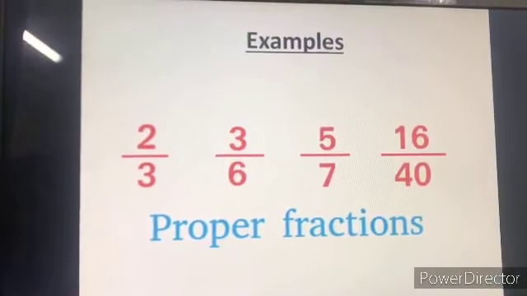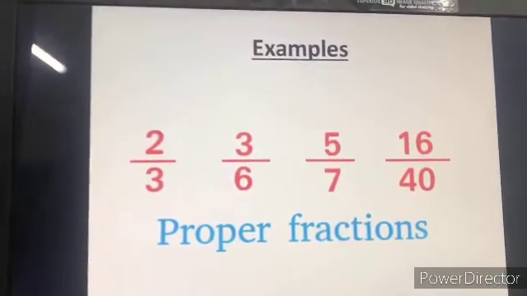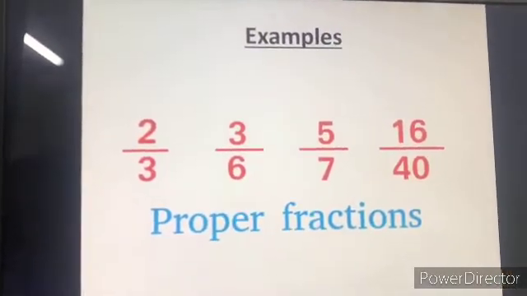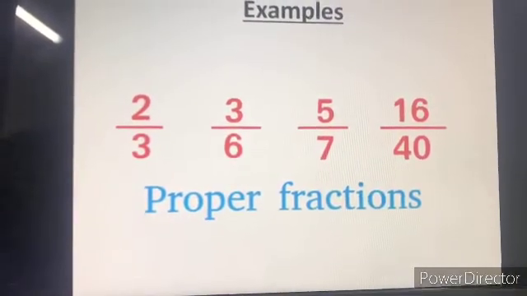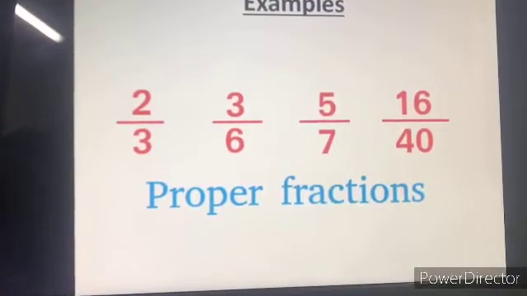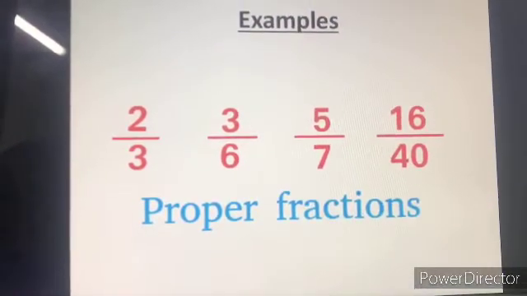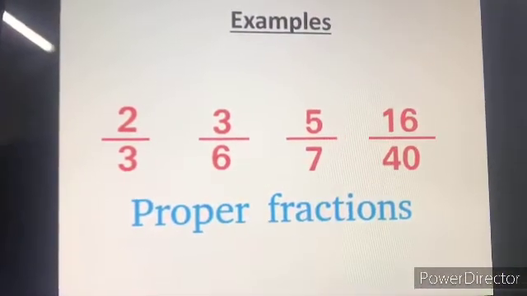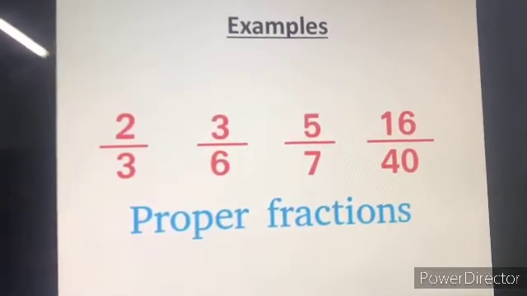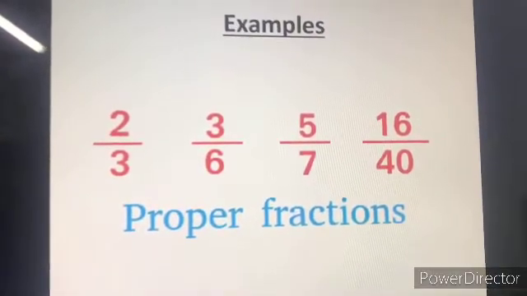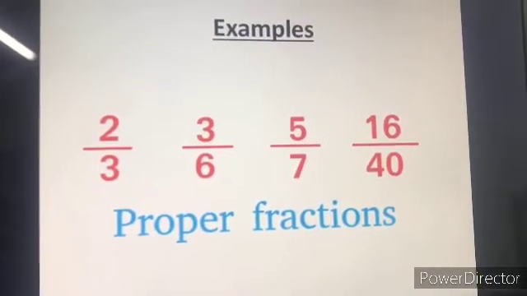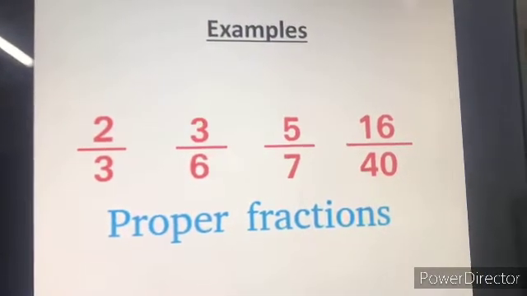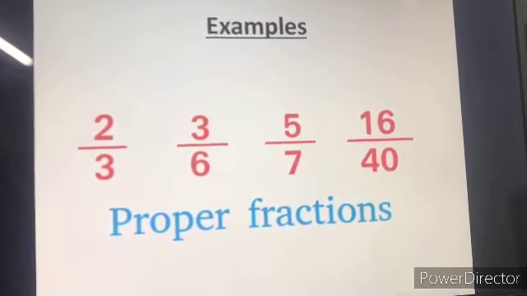In the first one, 2 by 3 or 2/3, the digit 2 is smaller than 3. So whenever you find this fraction, you can clearly say it is a proper fraction. Why? Yes, because in a proper fraction, numerators are smaller than the denominators.